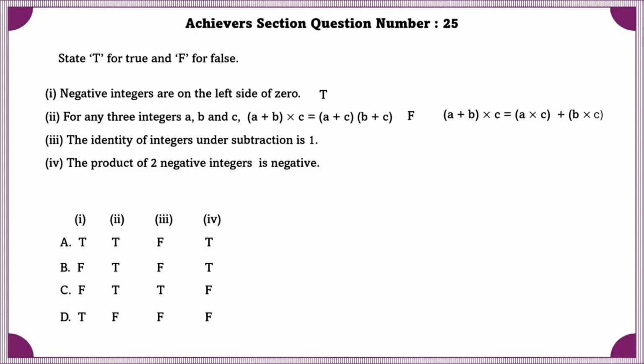Third one, the identity of integers under subtraction is 1. False. Subtraction doesn't have any identity. Fourth one, the product of two negative integers is negative. This is also false. The product of two negative integers, that is minus into minus, is equal to plus, not minus.